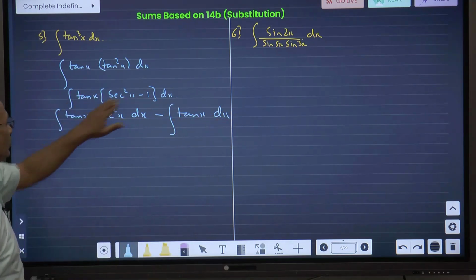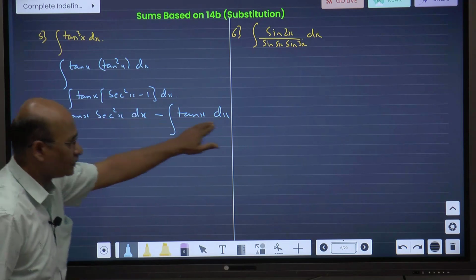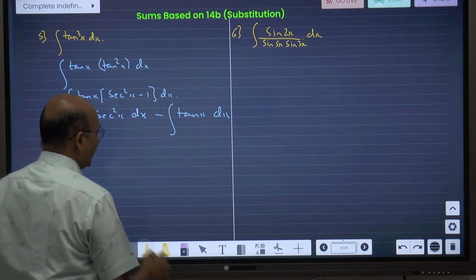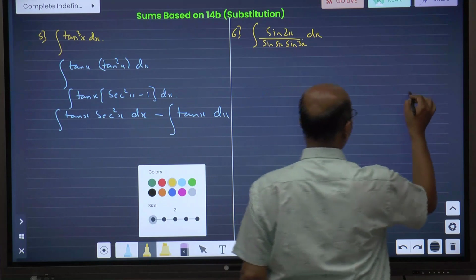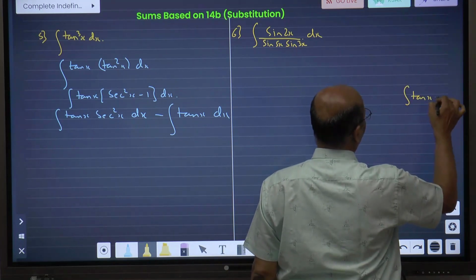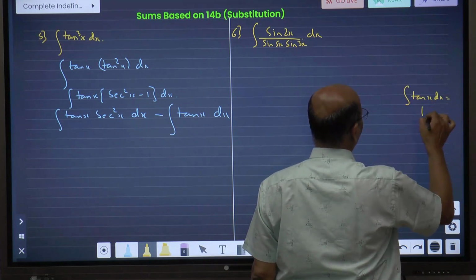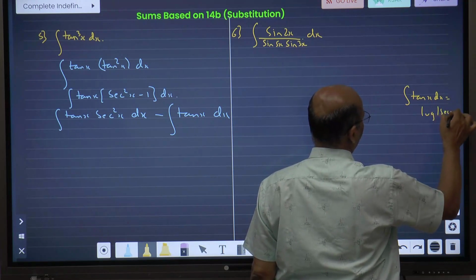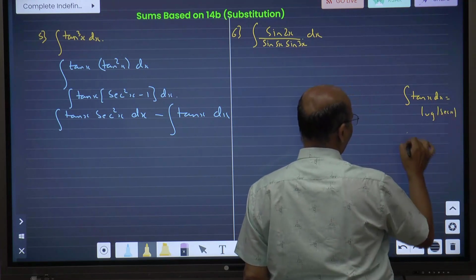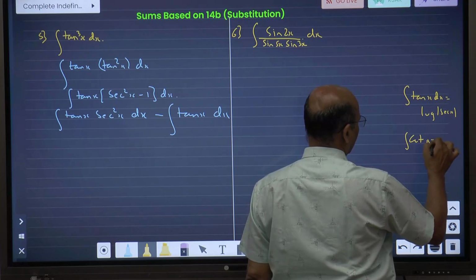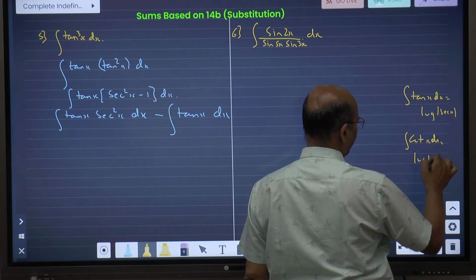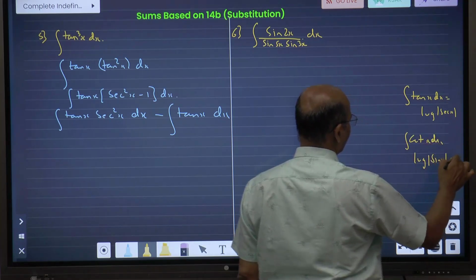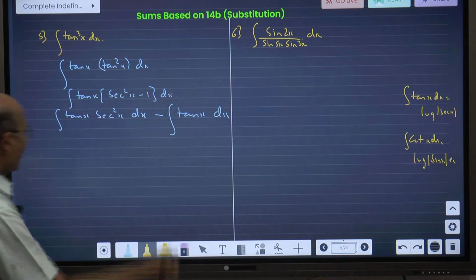So tan x into the first term, and tan x into minus 1 gives minus tan x. Now it's very simple, everybody knows that integral tan x dx is nothing but log of sec x plus c, and integral cot x dx is nothing but log of sin x plus c. Keep that in mind. So as we go on, we will see.